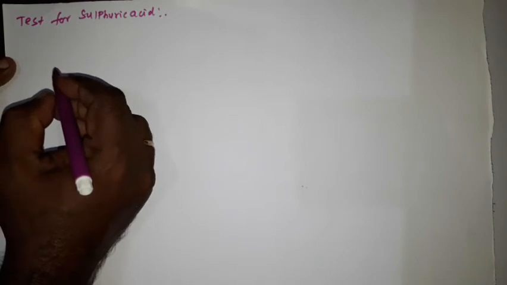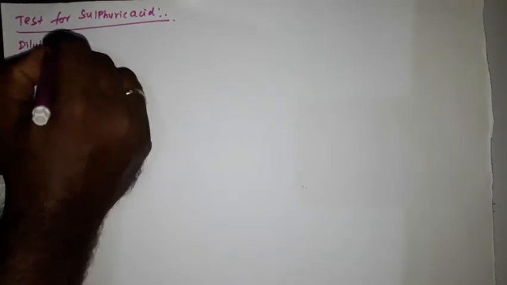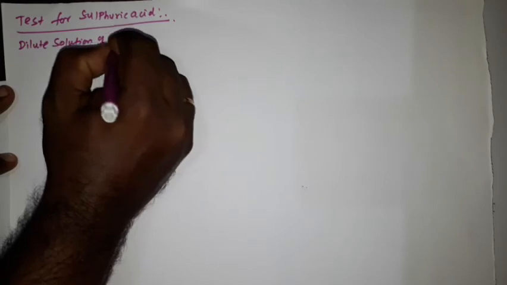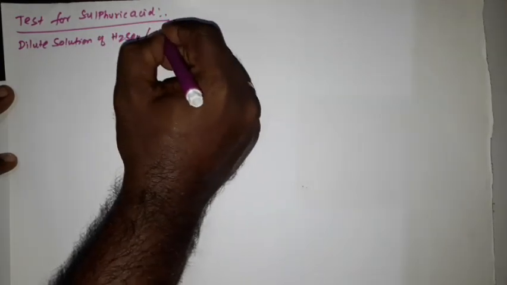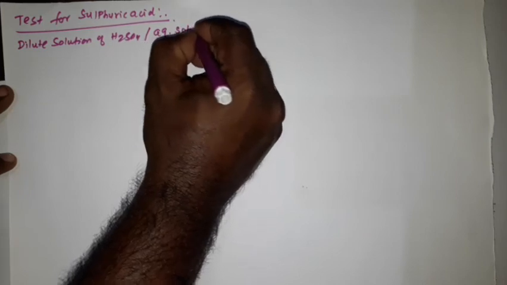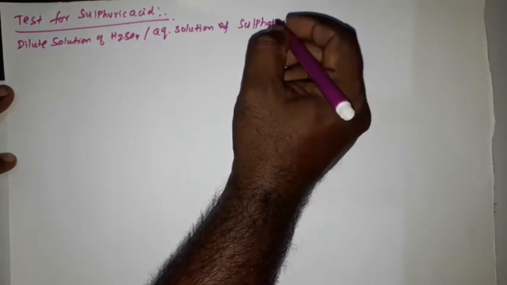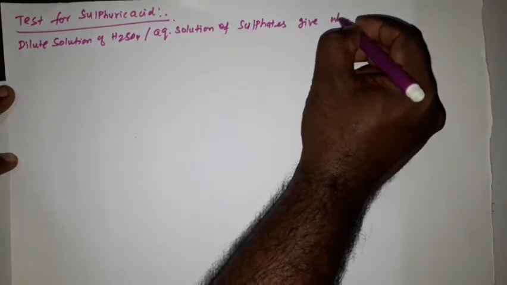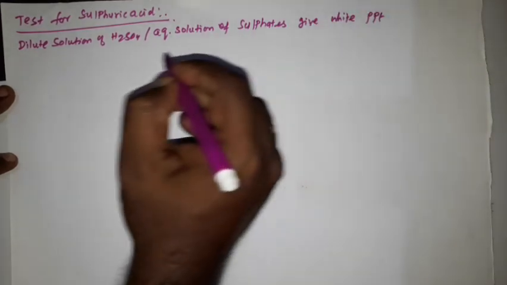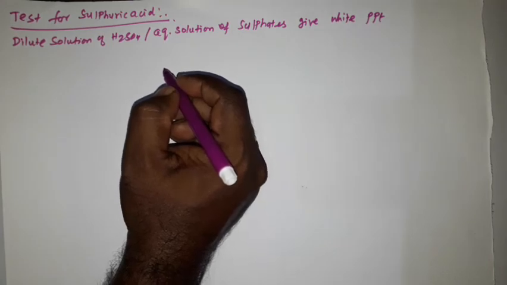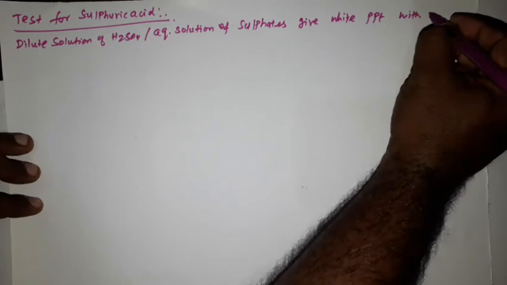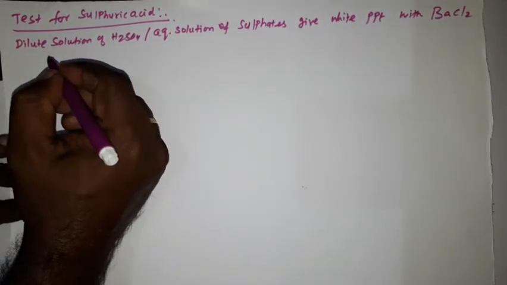A dilute solution of sulfuric acid, or an aqueous solution of sulfates, gives a white precipitate with barium chloride solution, okay.